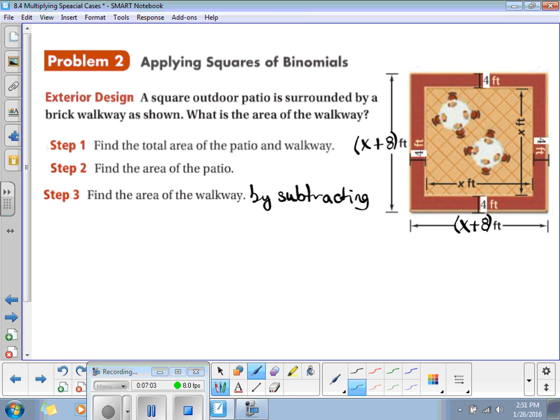So, we want to find the total area of the patio and the walkway. And then, once we find the area of the patio, we're going to subtract it, right? So, we've got minus the area of the patio.